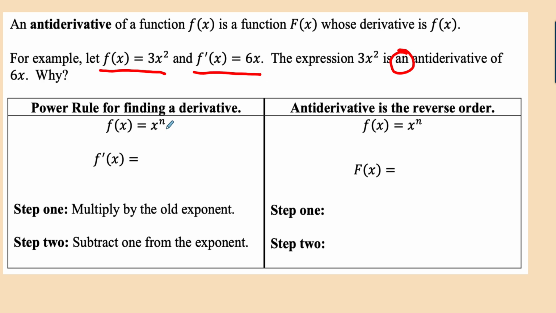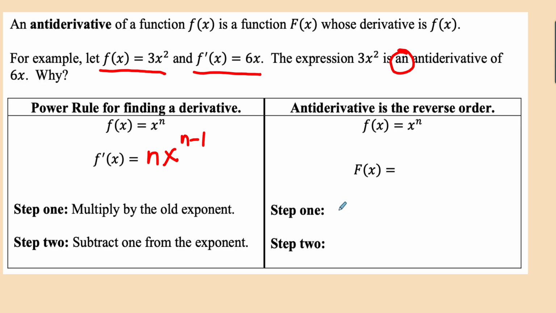When we have a power, what we do is we multiply by the old exponent and subtract 1 from the exponent. So this is how we find a derivative. The antiderivative process is in reverse.